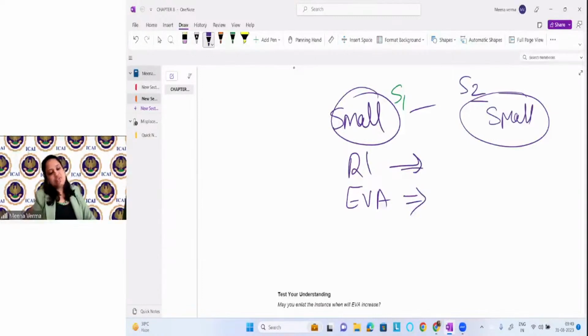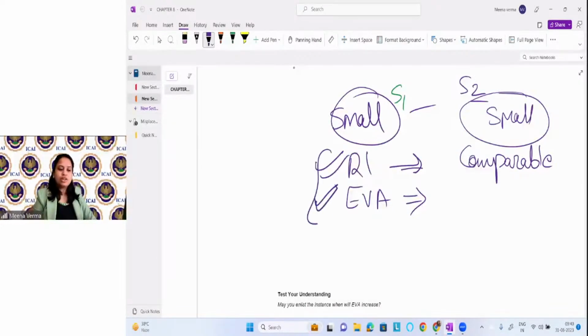Then in such case, where the size is comparable, you can compare their size. Right? You can find RI, you can find EVA, and then accordingly, you can take the decision for the organization. Right? Then accordingly, it is possible to take the decision here. Simple. Okay.